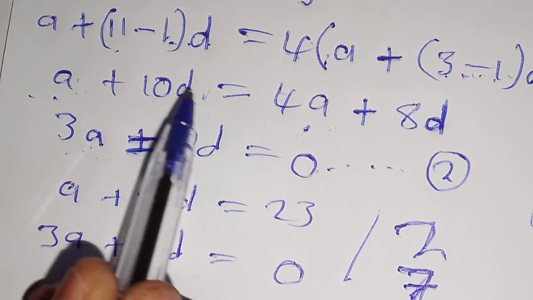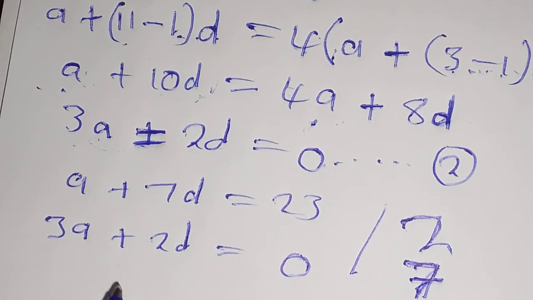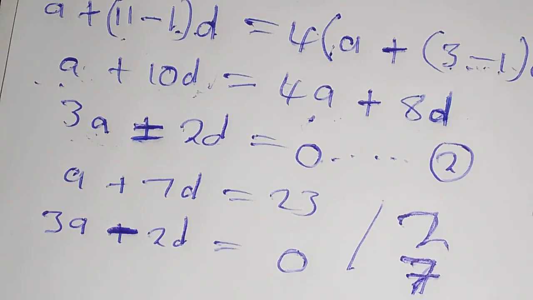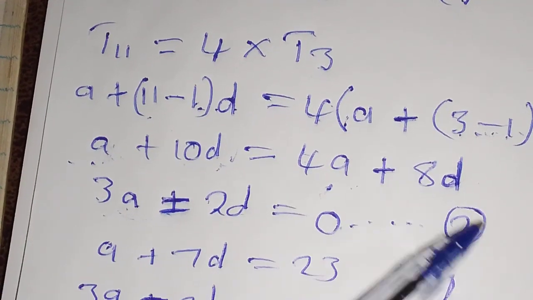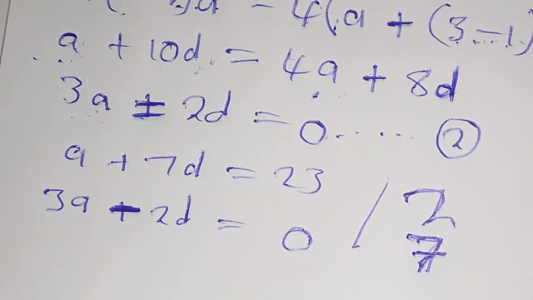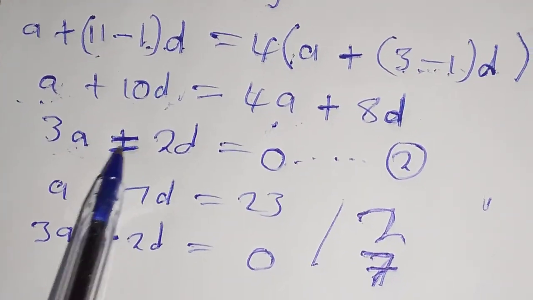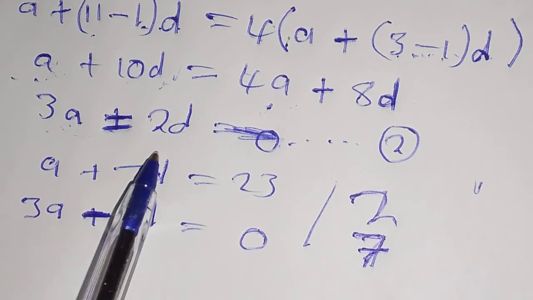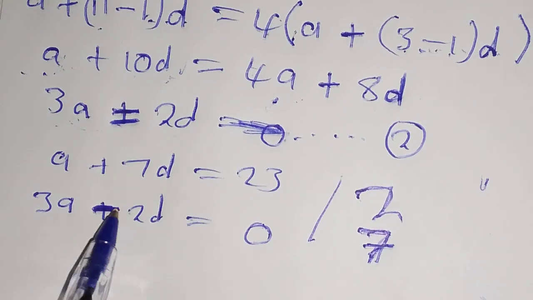When this 2d comes across the equal sign, it becomes negative, so we maintain the equal sign, which is 0, not a positive.